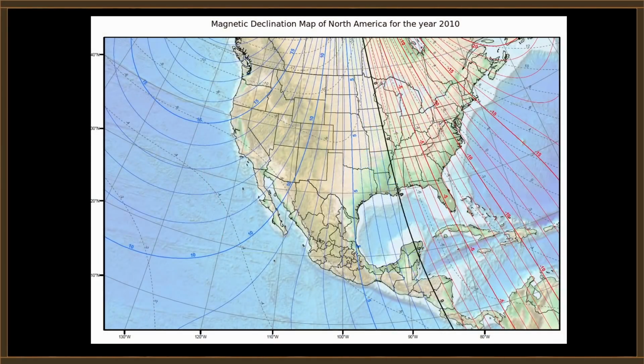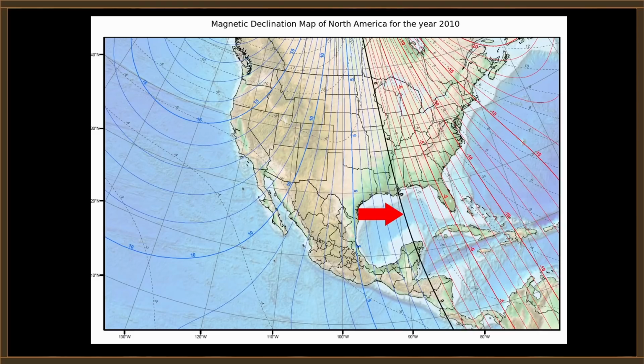Here's a map of magnetic declination for North America for the year 2010. The black line you see down the center is the agonic line. That is the line of no magnetic declination. If you're along that line, magnetic north is the same as true north. But if you're east of that position, to the right of it, the declinations are negative.